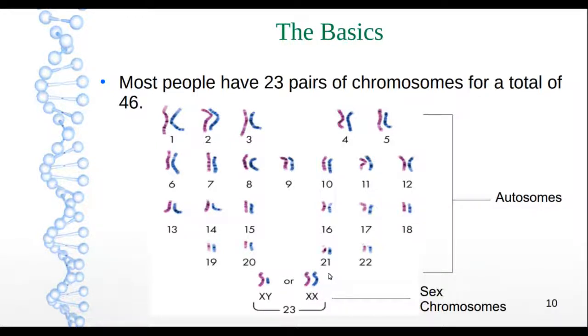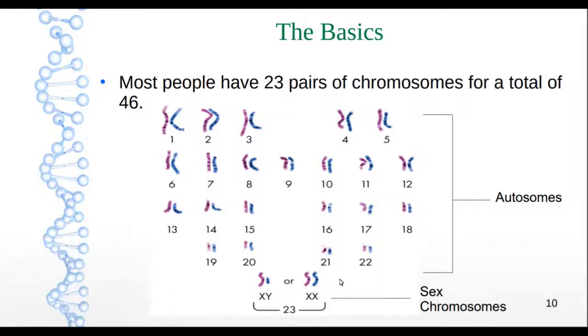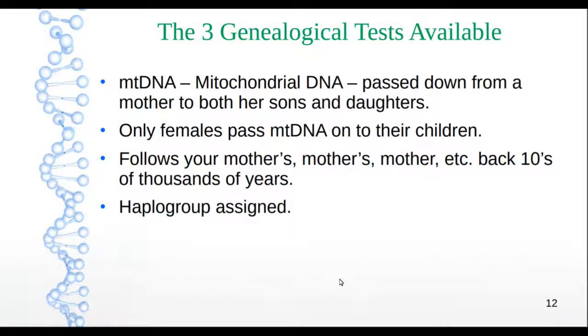Mitochondrial DNA exists outside the cell, so away from these chromosomes. It's nothing to do with these. It's outside the cell, and that's where the mitochondrial DNA is, and that is what they're testing. The X is something else, and we will get into that another time because it doesn't really pertain to what we're talking about here. It's a little more advanced than the basics.